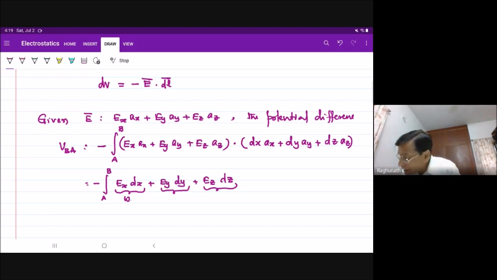Work done against x component with minus sign. Work done against y component of the field. Work done against z component of the field. X component, y component. Total work done we are doing. Listen carefully.